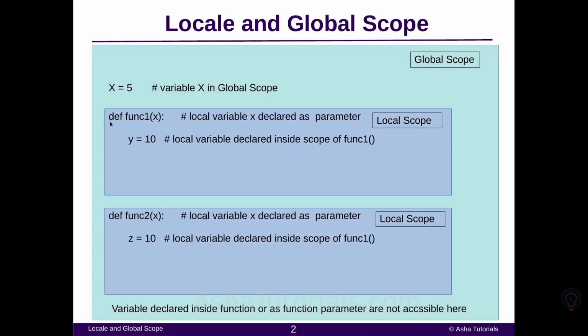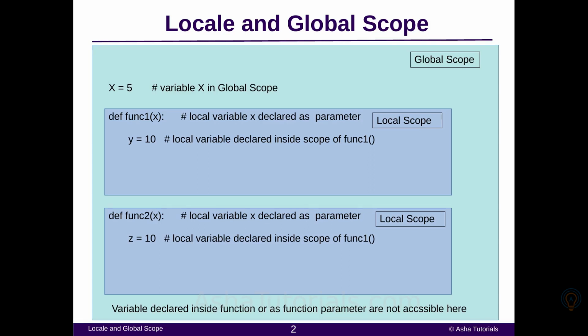Whenever we define one, its local scope begins. Whatever variable is defined inside that particular function becomes part of that function's local scope, so it is accessible only inside that scope. Similarly, if we define a second function, it will have its own local scope. So this is how you can imagine the scope of a variable when declaring functions.